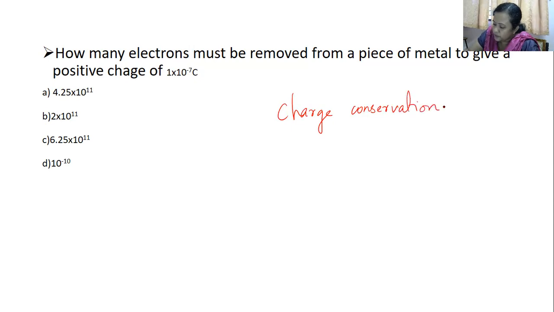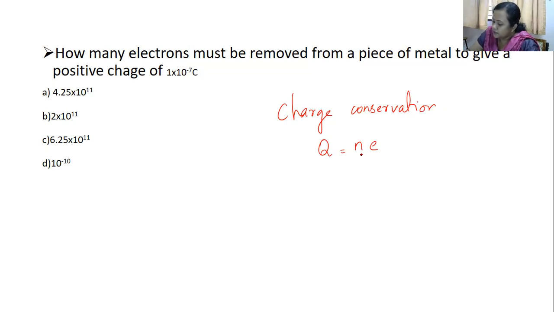We know that the total charge in a system Q is equal to Ne, where N is the number of charges and E is the charge of an electron, for getting a positive charge. So for getting the positive charge of 1 into 10 raised to minus 7 coulomb, we have to consider the total charge present in the system.